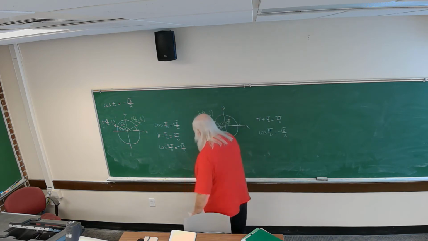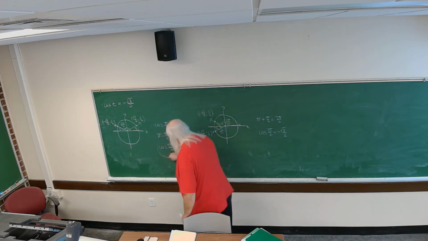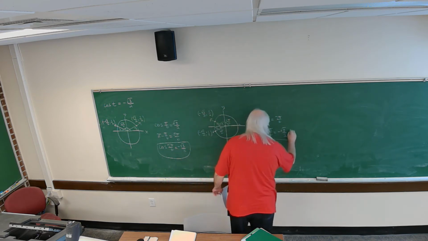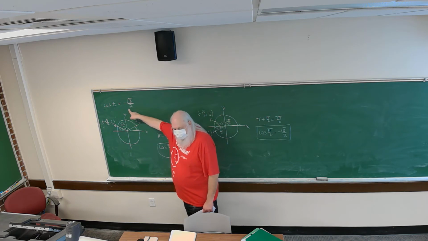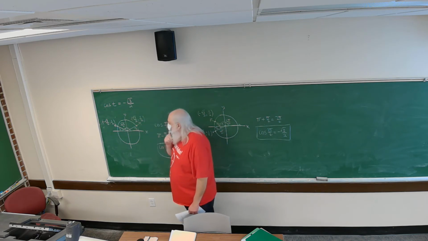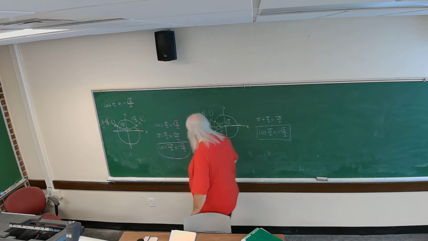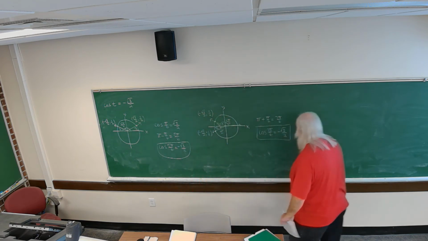So now we have our two angles that satisfy this equation. One is t is equal to 5 pi over 6. The other is t equals 7 pi over 6.